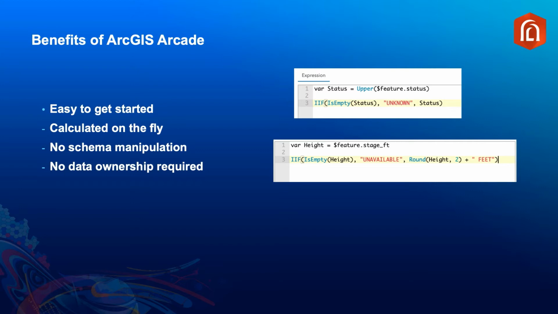I can continue to iterate and use data and know that as that data might change, Arcade is changing and interpreting that in real time. Finally, because it's calculated on the fly, there's no schema required, so I don't have to calculate a new field. And of course, by not having to do that, I also don't need to worry about owning the data and being able to make changes to that schema.